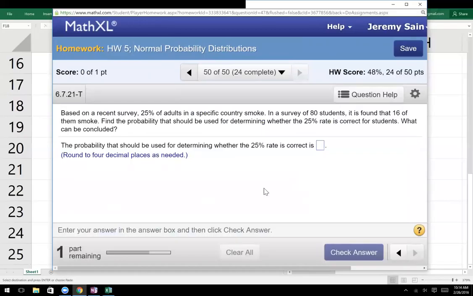So 25% of adults smoke. A survey of 80 students has found that 16 smoke. Find the probability that should be used for determining whether the 25% rate is correct for students. What can be concluded? That doesn't quite sound like binomial. But 25% smoke.